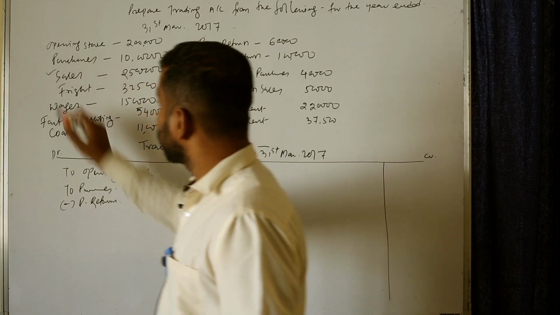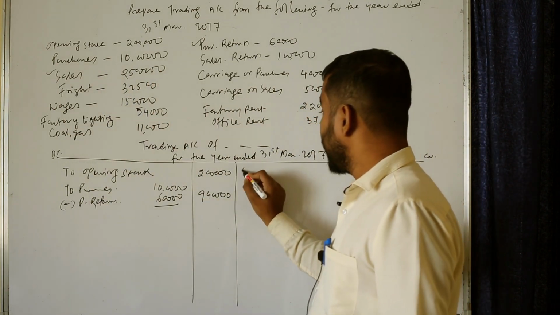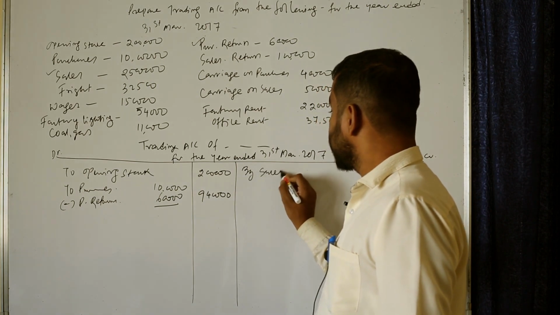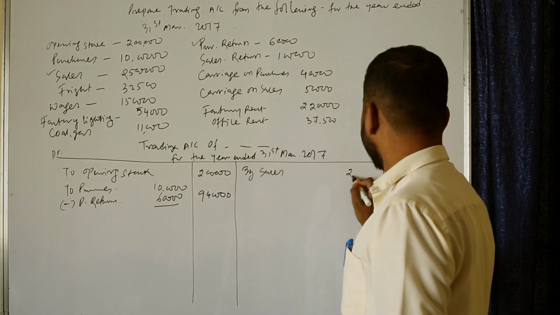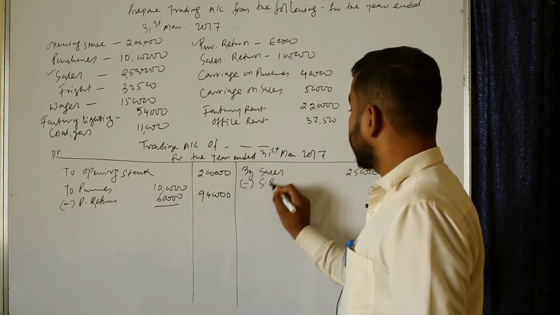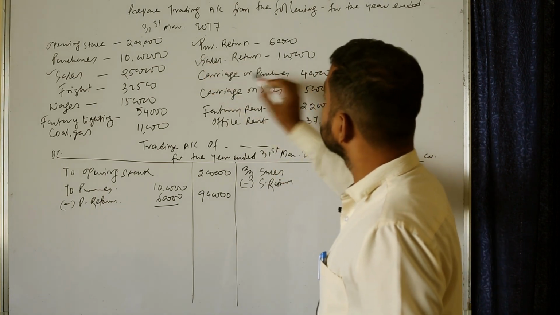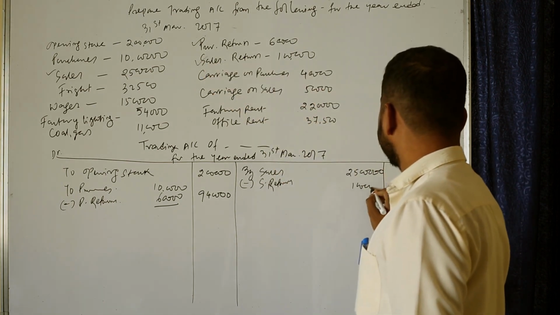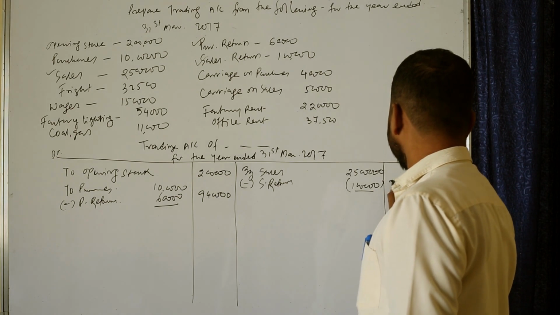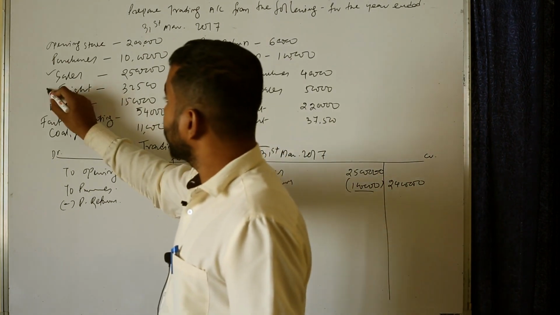Next one given is the sales. We know that sales is a revenue, so that is a direct income. I am writing the sales amount given, 25 lakh rupees, and minus sales return, if any. Now see, the sales return also given here, 1 lakh, so subtracted, 24 lakh goes outside. Next, freight charges.